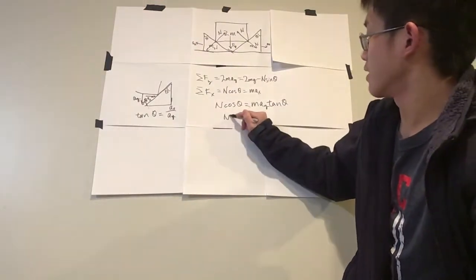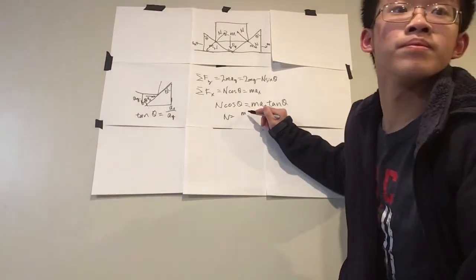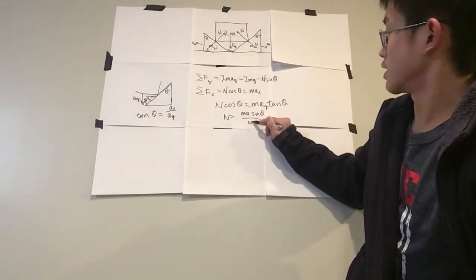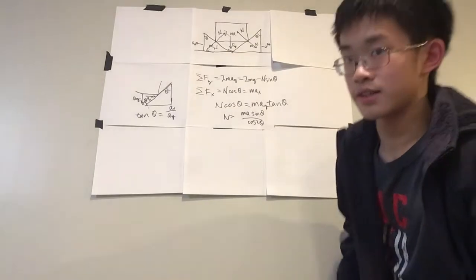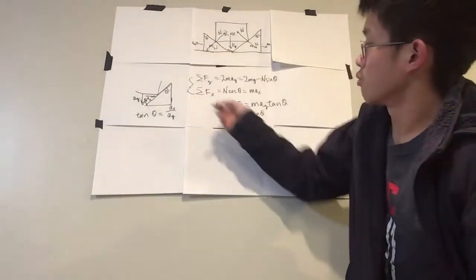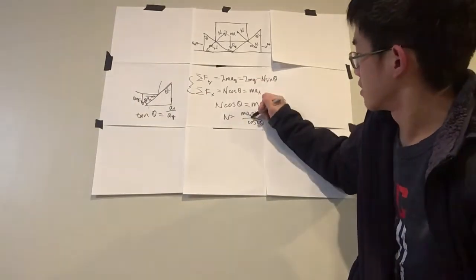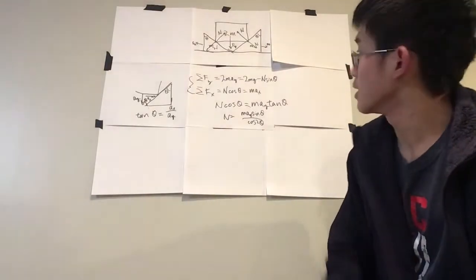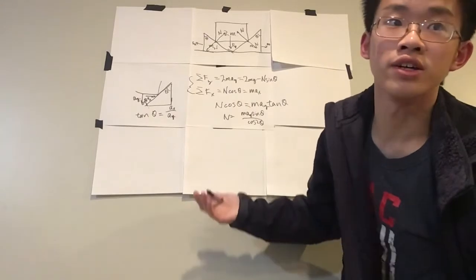And then we get N equals m ay sine theta over cosine squared theta. And this is after expanding tangent equals sine over cosine. Now that we have this system of equations, we can plug our value of N into here and then solve for ay.